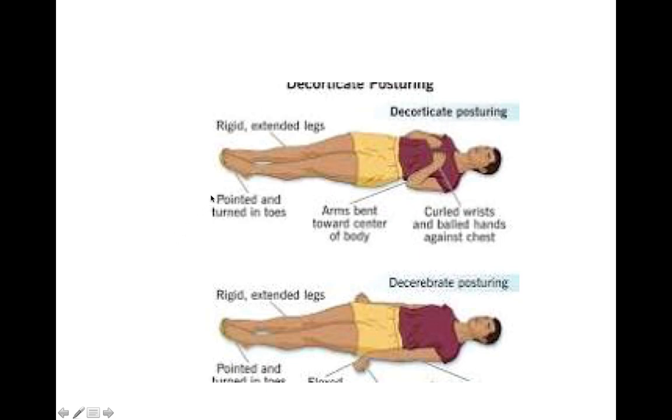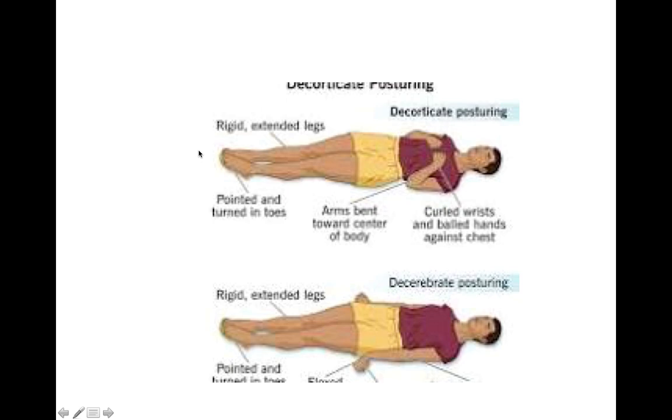Well, if you remember the spastic hemiplegia, that is a lesion involving the corticospinal tracts, which results in extension of the lower limbs and flexion of the upper limbs. This decorticate posture can be similar to double hemiplegia.